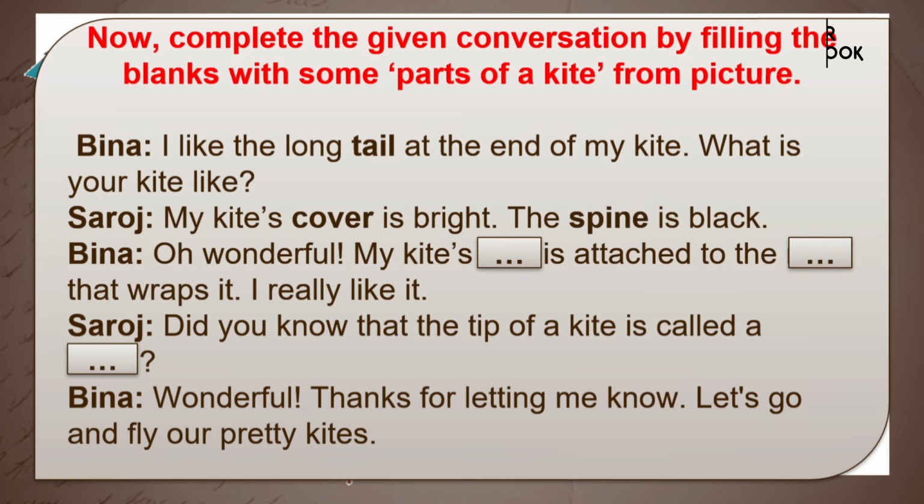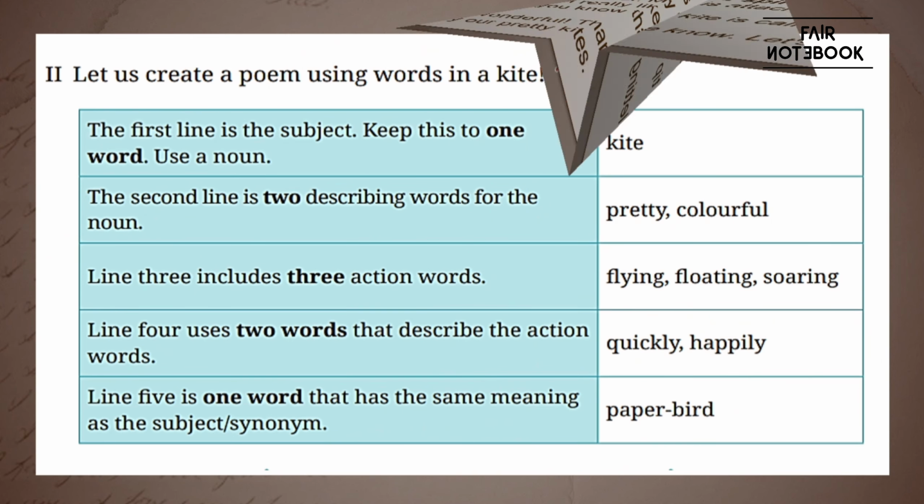Beena: Oh, wonderful. My kite's line is attached to the reel that wraps it. I really like it. Saroj: Did you know that the tip of a kite is called a nose? Beena: Wonderful. Thanks for letting me know. Let's go and fly our pretty kites.